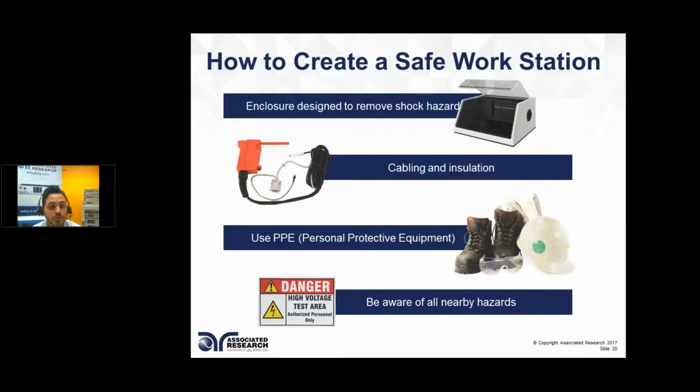Cabling and insulation. It's important that you're not just buying random accessories, right? These are rated to handle the outputs of the instruments they come with. It states on the actual cables, or it should, what that cable is rated for. A lot of our instruments that test up to 20 kV, those leads are rated up to 30 or 40 kV.